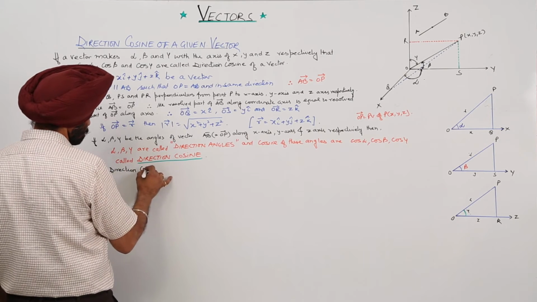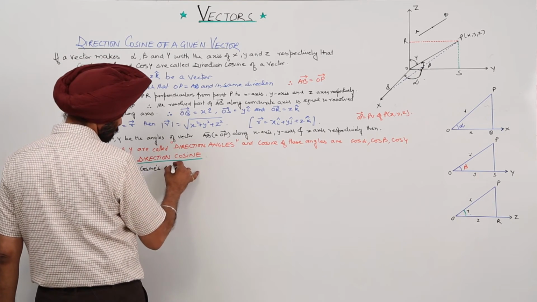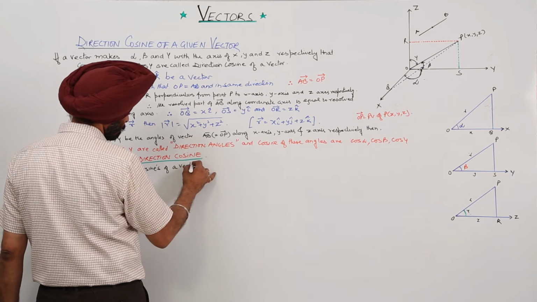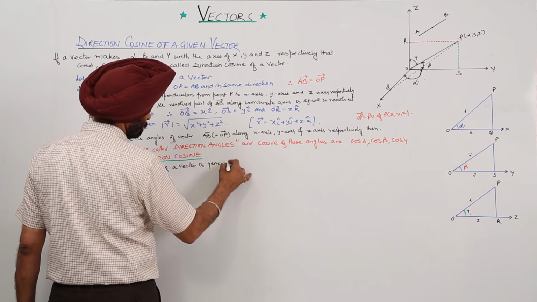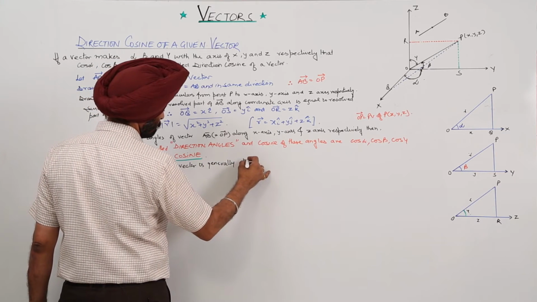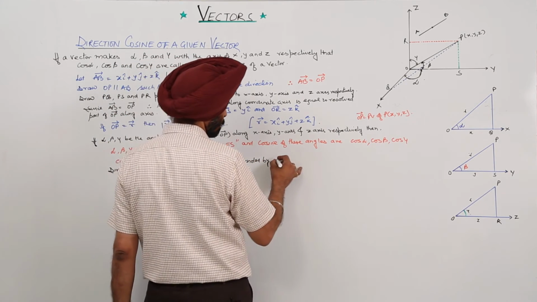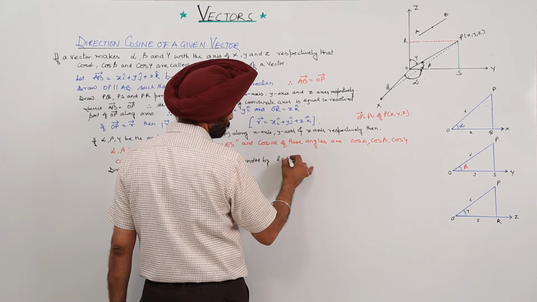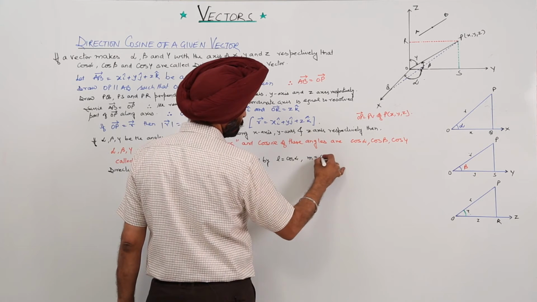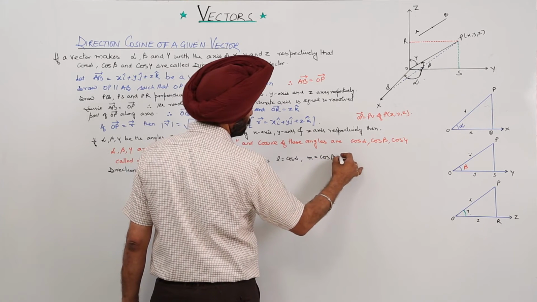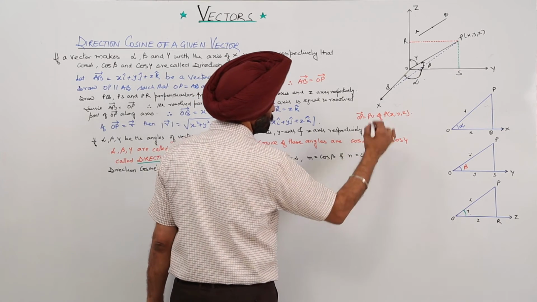Direction cosines of a vector are generally denoted by L is equal to cos alpha, M is equal to cos beta and N is equal to cos gamma.